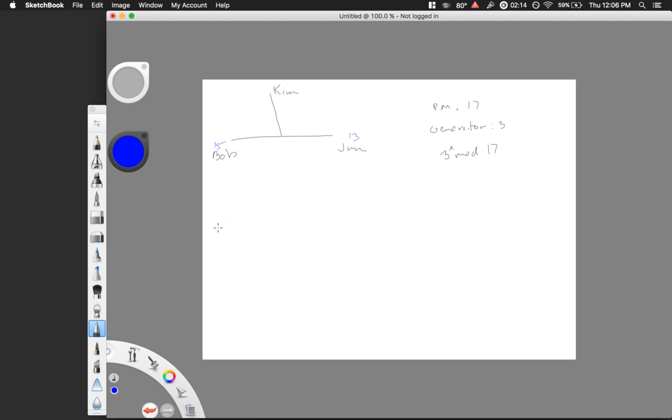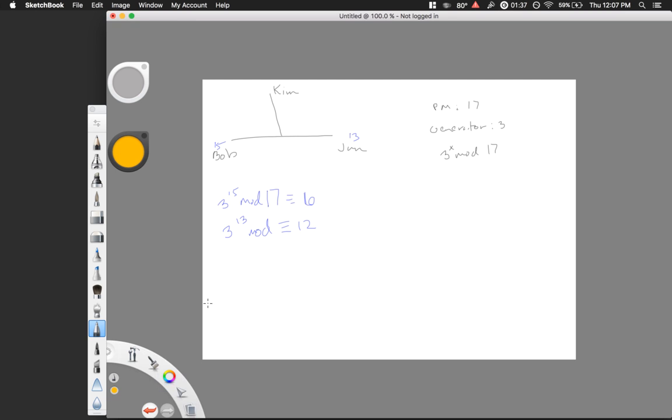Next, Bob and Jan are going to take the generator, raise it to their private random number, and calculate what that is. I think this should be 6. And Jan will do something similar. She'll take hers. Whoops. And I think this should be 12.